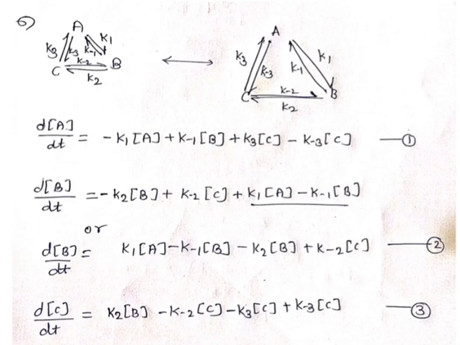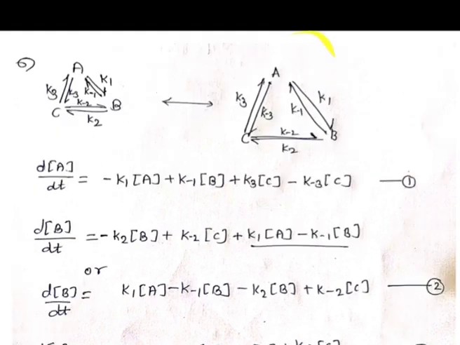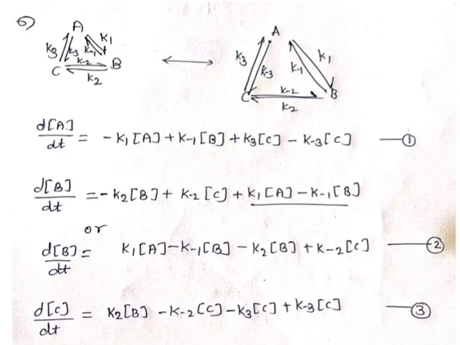So, note down the rate for species A, dA by dt, which is equal to. While writing a rate, you can move in the clockwise direction instead of the anti-clockwise direction. So, I am going in the clockwise direction.